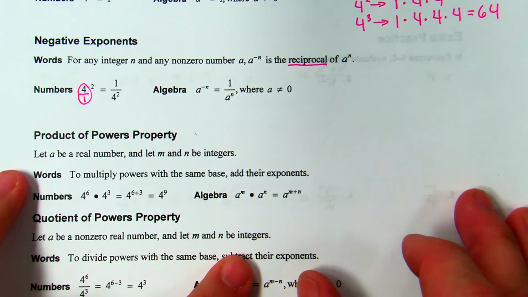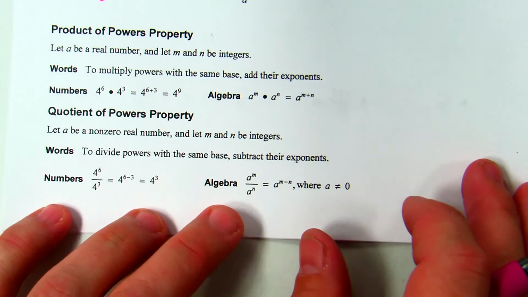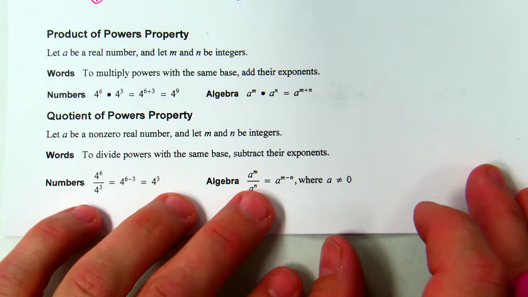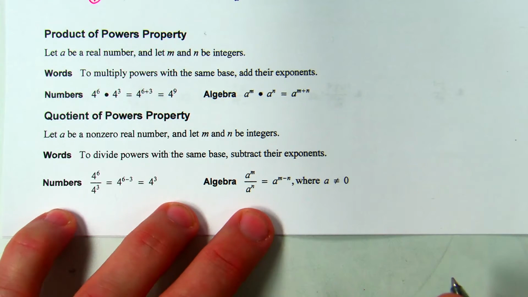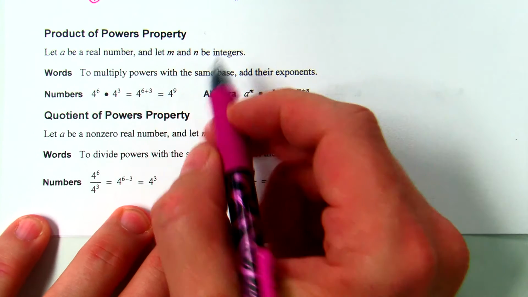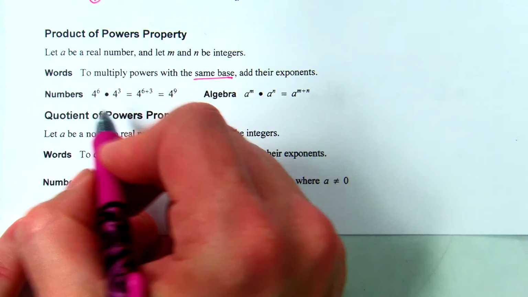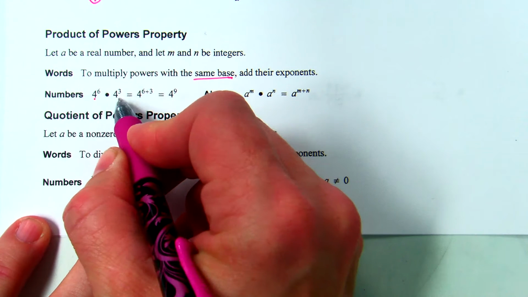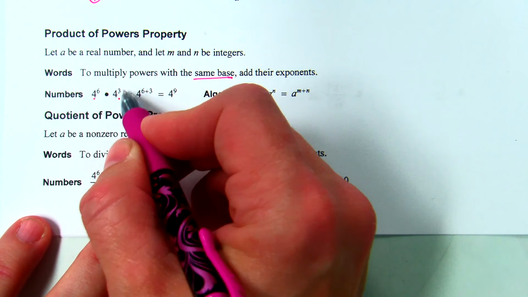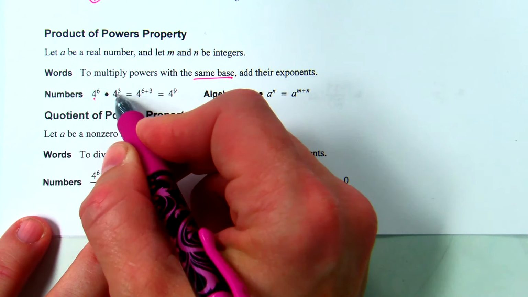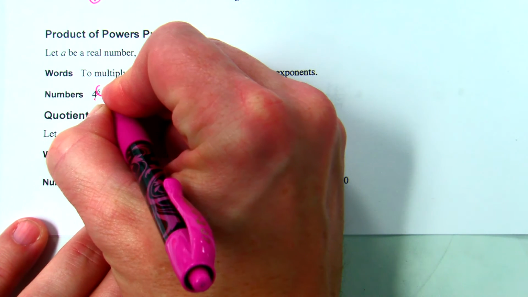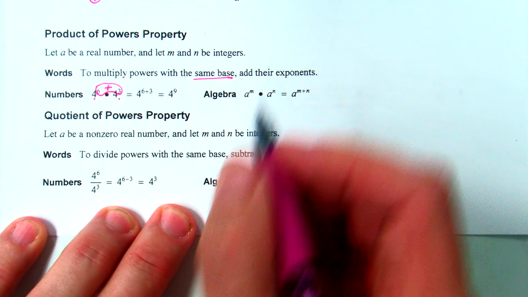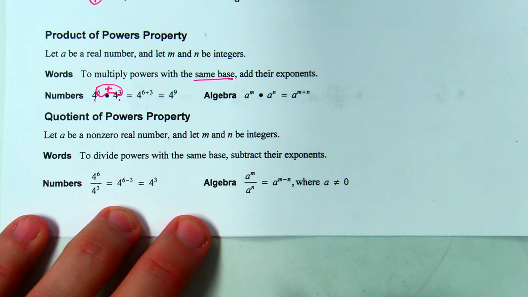Okay, let's look at the product of powers property. A lot of p's in there. So the product of powers property just says that whenever we've got the same base and we're multiplying two bases with different powers or even the same powers, we will add the powers together, as long as it's the same base.